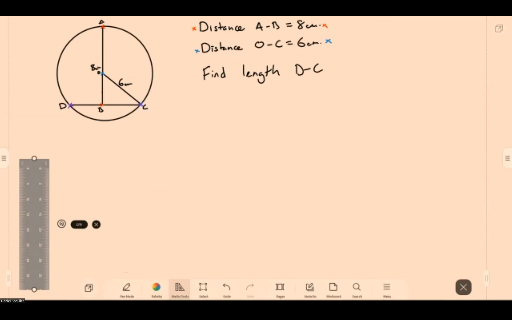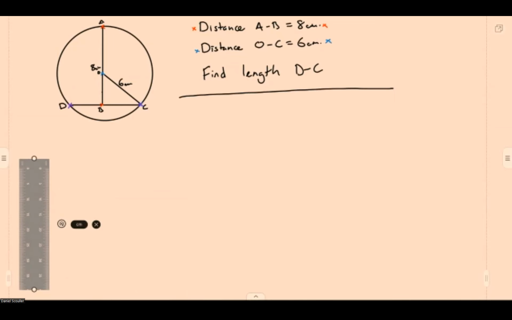So that's the question. Let's draw a line under that and see what we need to start working out. Well, what can we find out? We can find length OB.